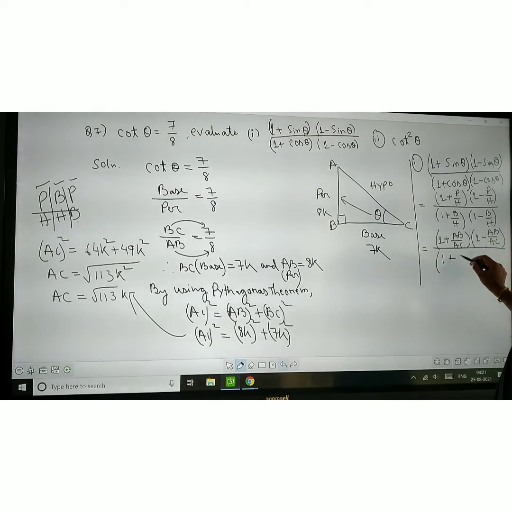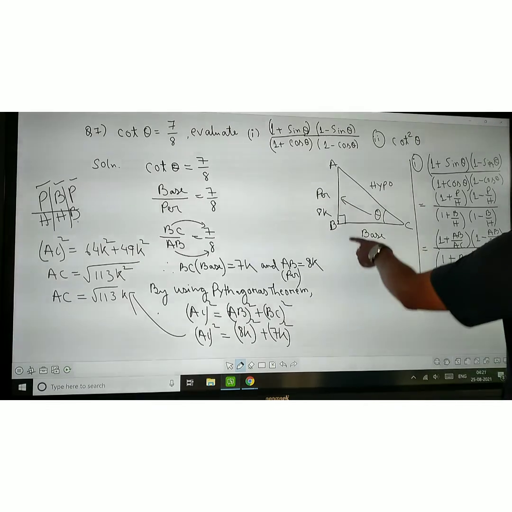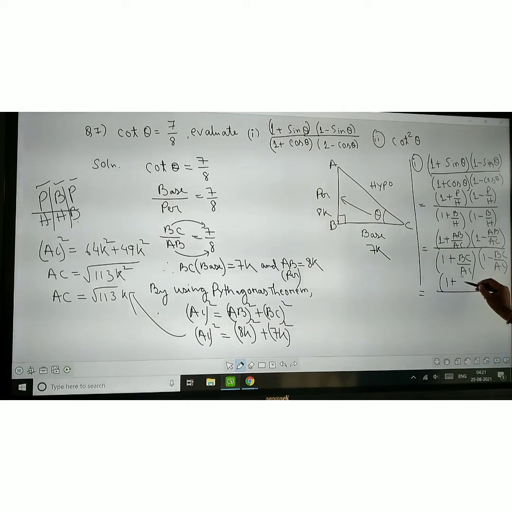Base is BC by hypotenuse is AC, 1 minus BC by AC. Next line, 1 plus, what is the measurement of AB? 8K by, what is AC?